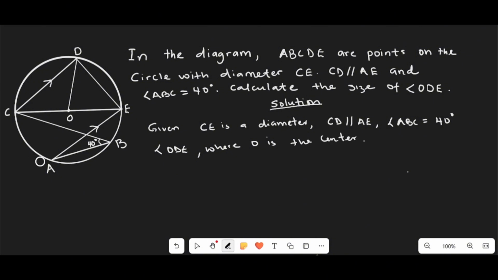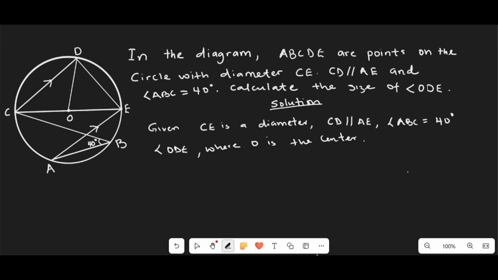I want you to note that angle ABC and angle AEC both are standing on the same arc CA, and angles at the circumference standing on the same arc are equal.